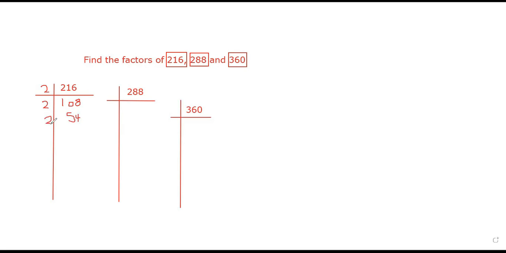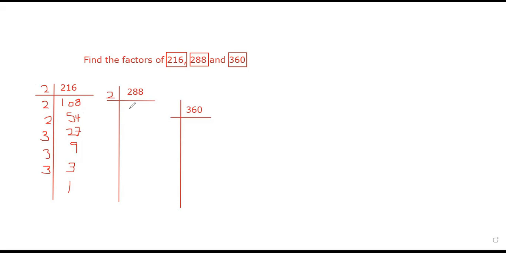So I'll use 2 to divide 54, and I'm going to have 27. 2 can no longer divide it, so I'm going to use 3. 3 in 27, that's 9. 3 in 9, that's 3. And 3 in 3, that's 1. So I have the factors written there, so I'm going to leave it there.